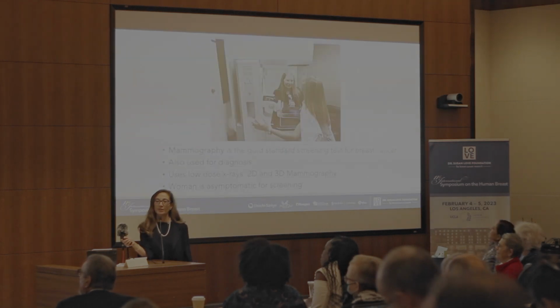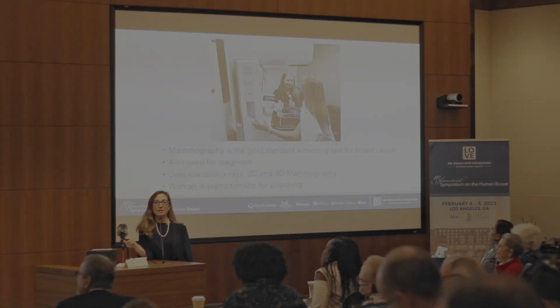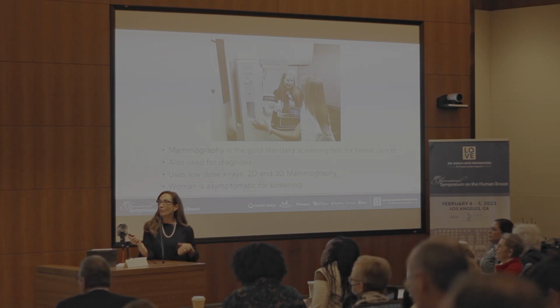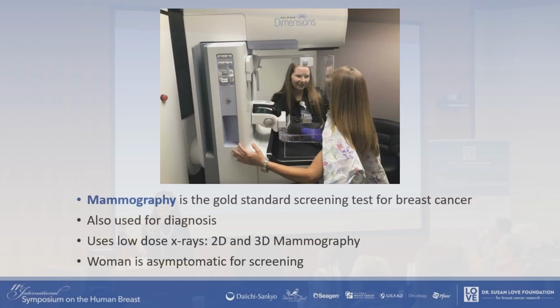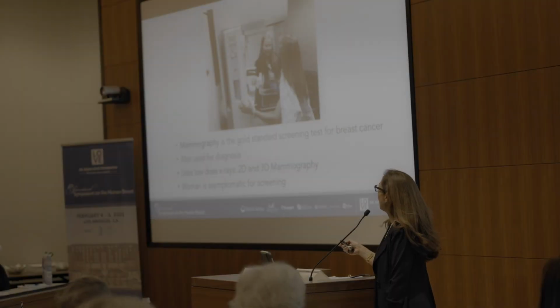I'm going to start with giving you a brief background on breast imaging. As you all know, mammography is the gold standard screening test we have for breast cancer. It's also used for diagnosis. It uses low-dose X-rays.